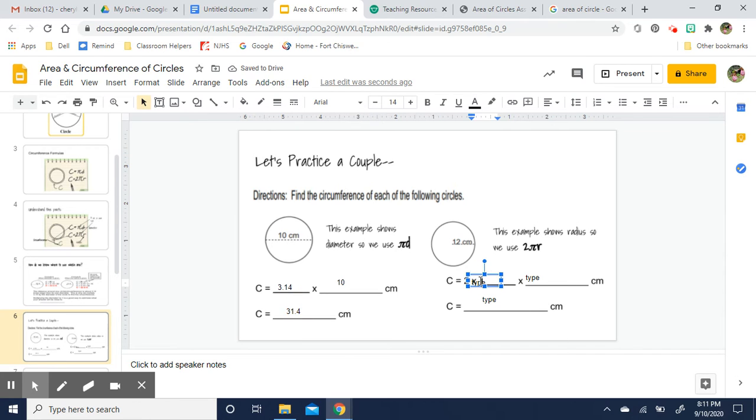All right, so now over here to this one. This is an example that shows radius, so we use 2 times pi times r. So 2, we're substituting pi next, which is 3.14.